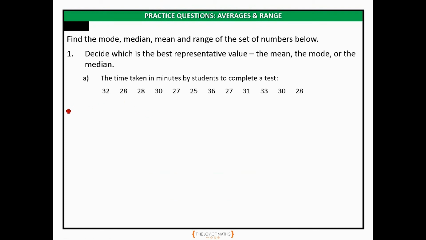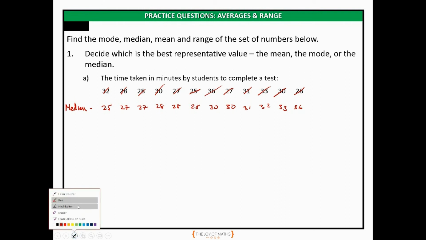So what I'm going to do is sort out the median first. And the way I'm going to do this is we've got to put these in order. So I'm going to start off with the lowest, so we've got 25. And then just going to put these in order now. Now that I've got these in order, I can start striking off the ends and working to the middle value.